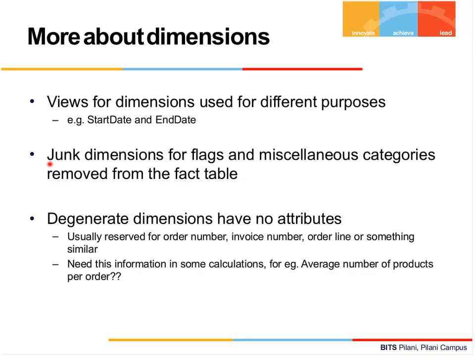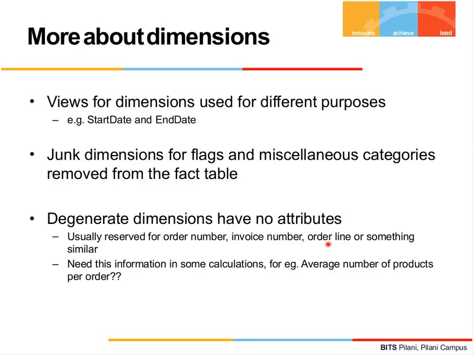Again, this is a name that authors use, and we just follow that. Then the other concept that I would like to introduce here is degenerate dimensions. So what is a degenerate dimension? Just like the junk dimension, there are also some other attributes like order number, invoice number, order line. Where does this go? Because they're not numeric.